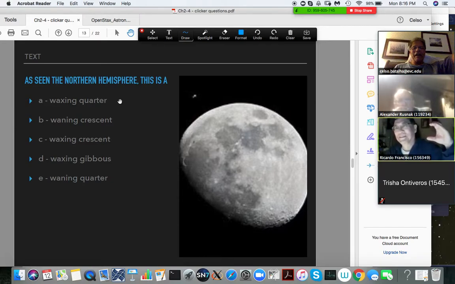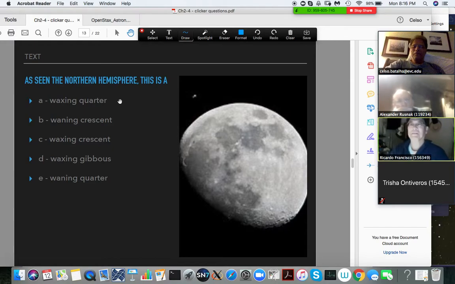So the sun is up there, but I could ask the question: is this moon rising or setting? And so the proper answer would be this moon should be rising, and it is a waxing gibbous moon, basically.